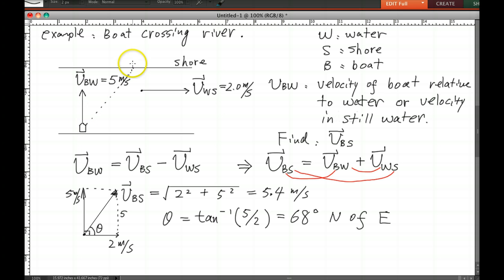So you may end up at approximately this point, right? So that's your actual destination. And sometimes if you do want to cross the river directly, okay, you have to go this way, right?